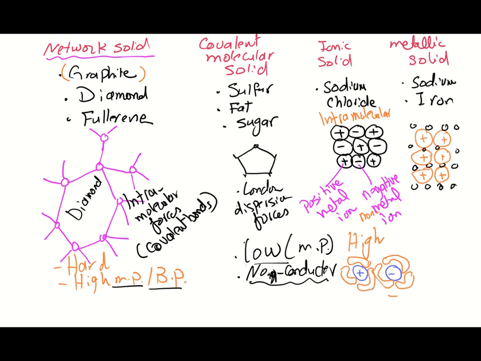Now the ions are free to move in an electric field, so they are very good conductors in aqueous form. Even when they are molten, meaning you raise the temperature until they start to melt, the ions are separated so they can carry the electric charge.